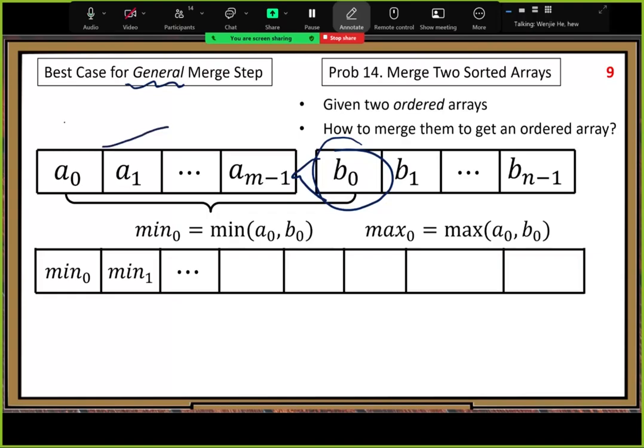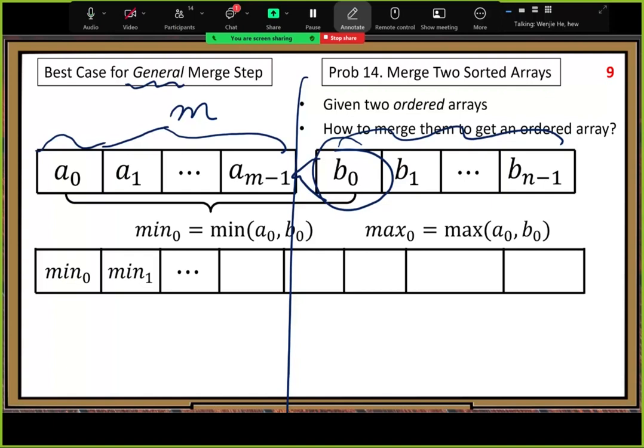In the A subarray, there are m elements. So you use B0 to beat all of them. But when you do that, you need to make m comparisons, right? After these m comparisons, for all the remaining elements in the B subarray, you do not need to do further comparisons, right?